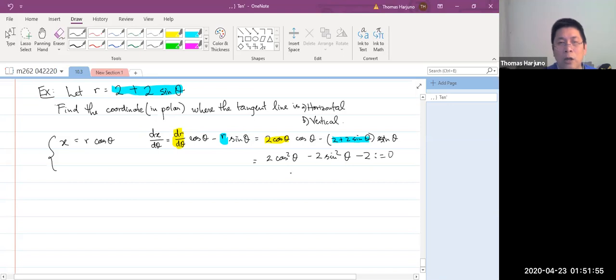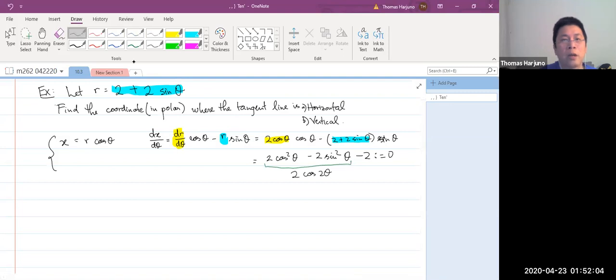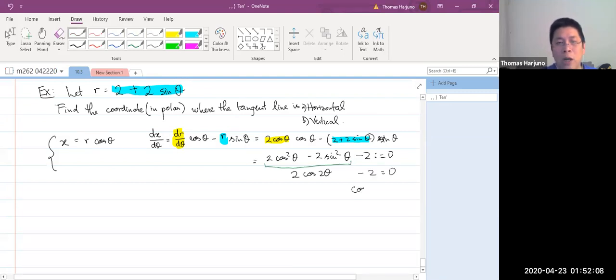I get 2 cos 2θ minus 2 equals 0, so cos 2θ equals 1. Cosine is 1 at 0, so 0 plus nπ, so θ equals nπ over 2.